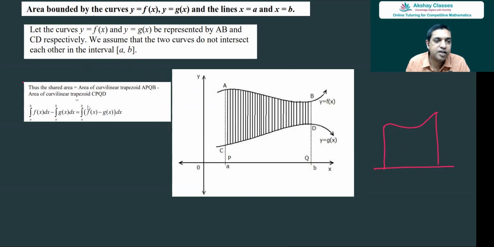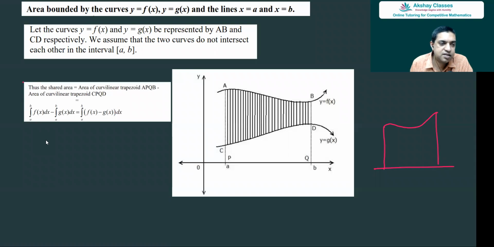So the shaded area is the area of the curvilinear trapezoid APQB, this entire region, minus this unshaded region CPQD. The first one will give integral a to b of f of x dx. The second one will give minus integral a to b of g of x dx. Together we can write this as upper curve minus lower curve dx.